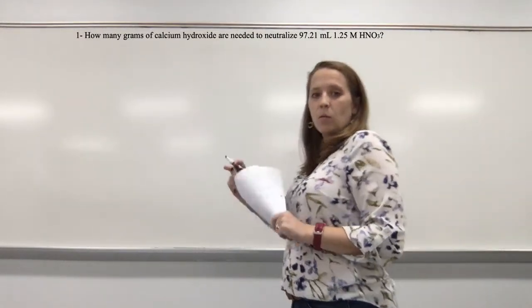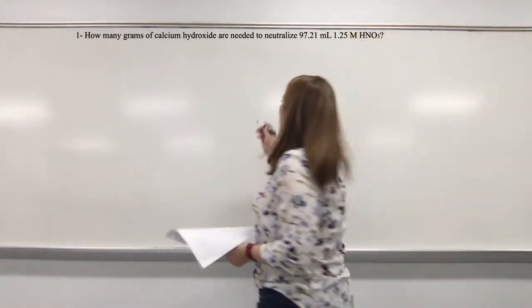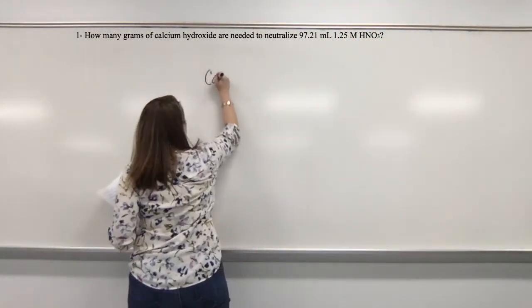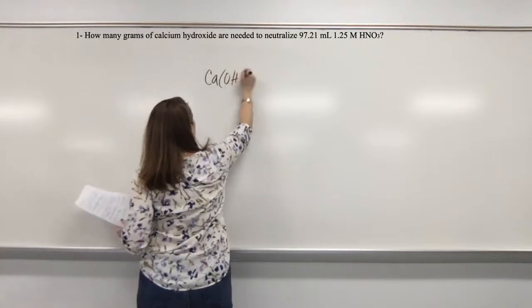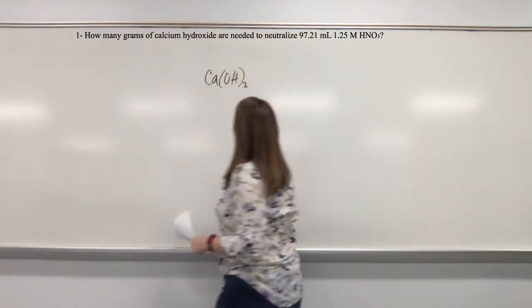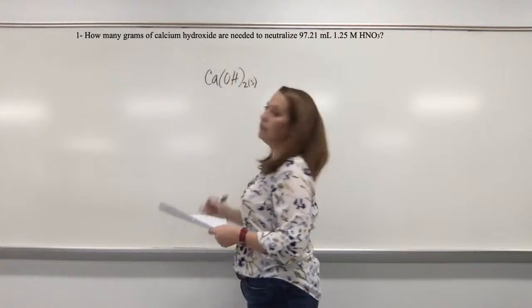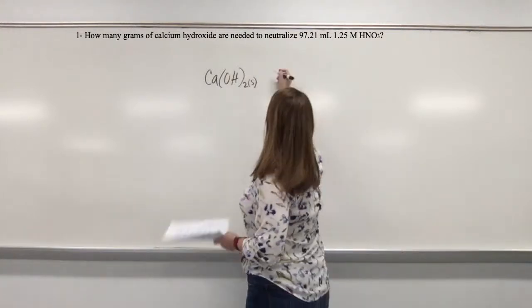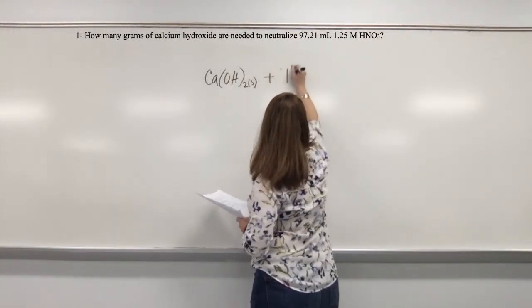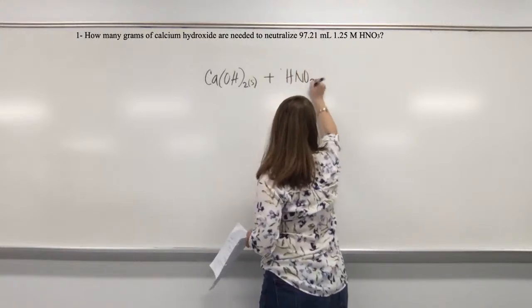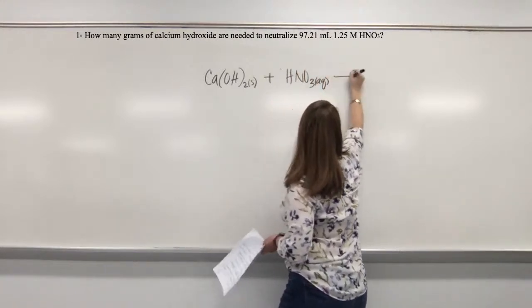In this case, we have calcium hydroxide. Calcium is Ca2+, and the hydroxide unit is a -1. So we have calcium hydroxide that is solid and soluble, added to nitric acid, HNO3, aqueous.